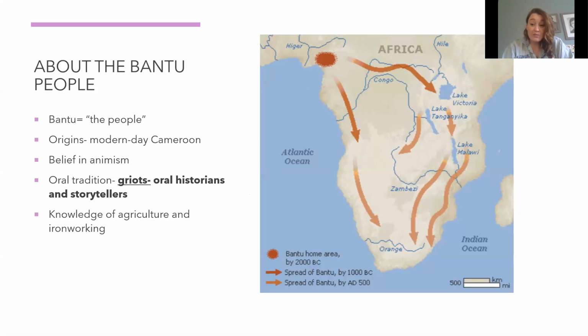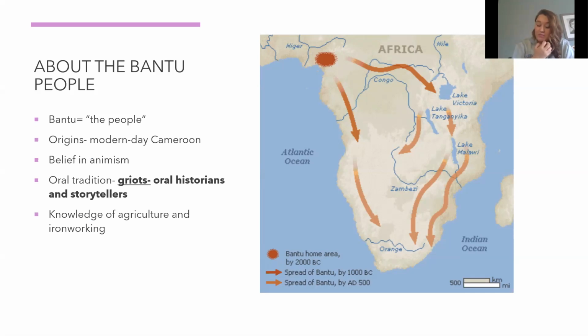Bantu literally means the people, and a lot of the cultures in West Africa, even East Africa, and throughout Central Africa today speak Bantu languages. We believe that this is directly attributed to the Bantu migrations. People are still speaking these languages today. Their origins are in modern-day Cameroon, as you can see on the map, and they spread in waves.